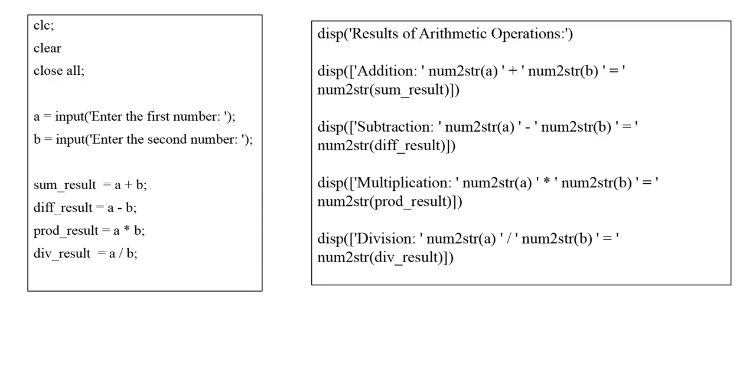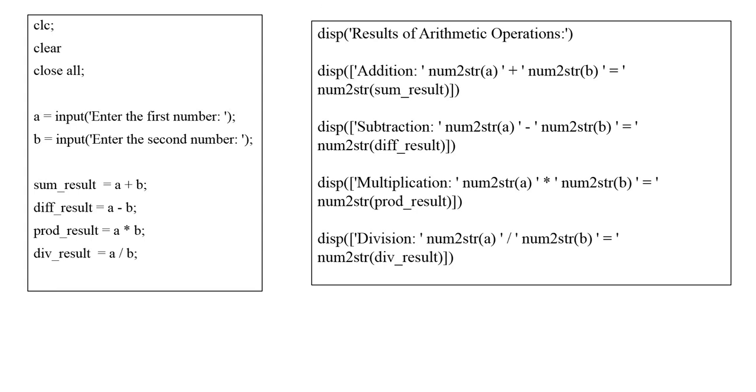Now this is the program. Here clc, clear and close all, these three remain the same. clc will clear the command window, clear removes old variables, and close all will close any open figure windows, and this makes sure that we start with a clean workspace every time we run the program.